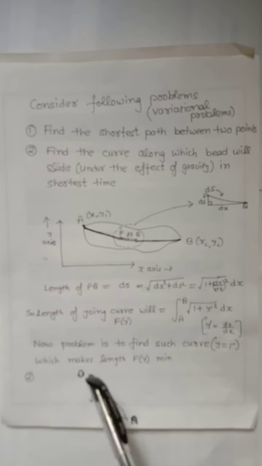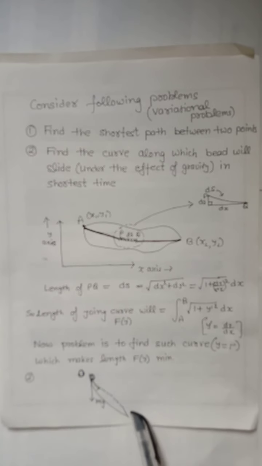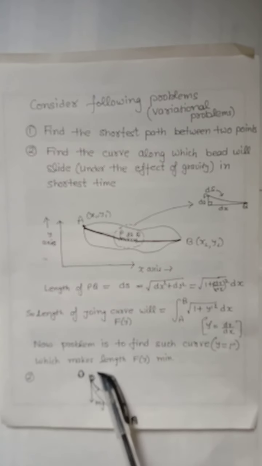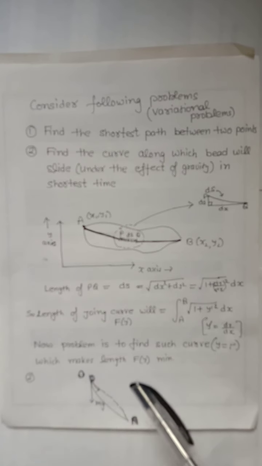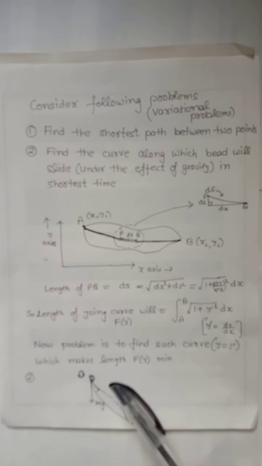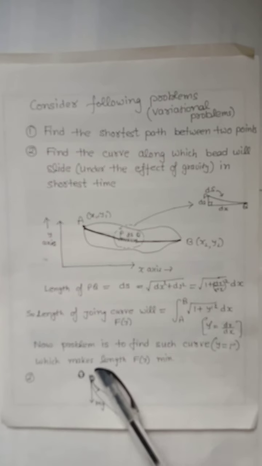So, our basic objective of this problem is that I have to find that curve moving along which the time will be minimum. This means I have to minimize the time. This is our second problem.